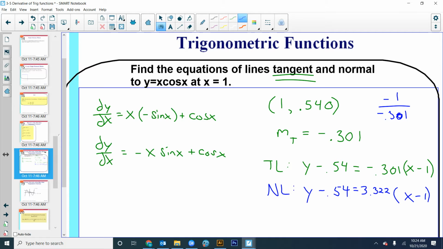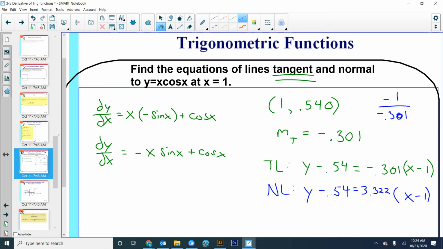Well, 1 over a fraction will automatically flip it, right? So if I put 1 over a decimal, it'll do the same thing, it'll flip it. So when I get it in the calculator, I did negative opposite, and I divided 1 over that to make it the reciprocal. Very good?